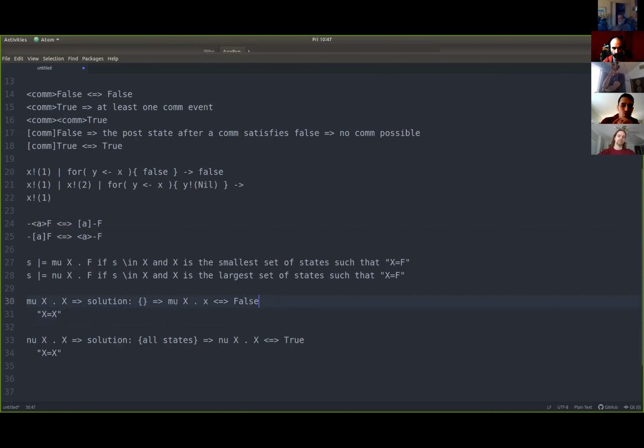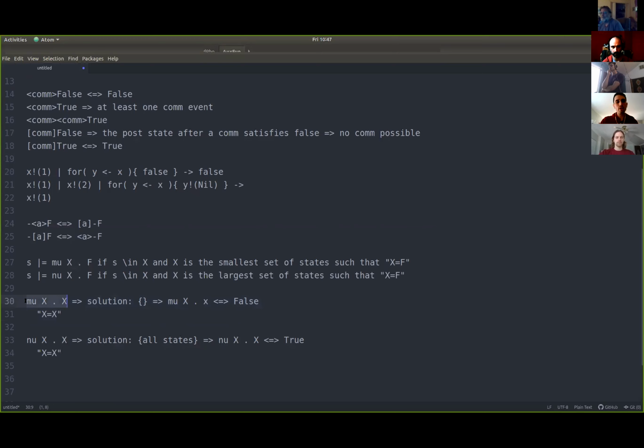Yeah. So we have a formula mu x dot x, and it is satisfied for no states, basically. So we have another formula that's satisfied for no states. That's just the false formula, right?